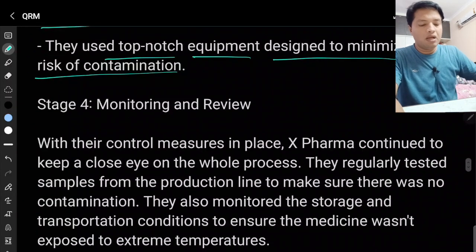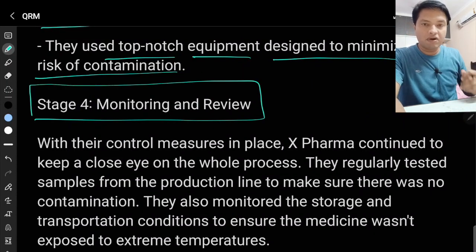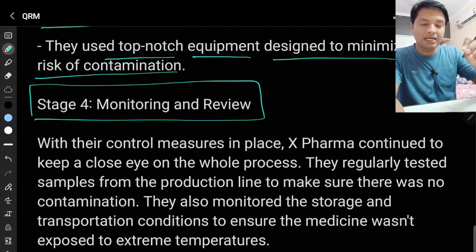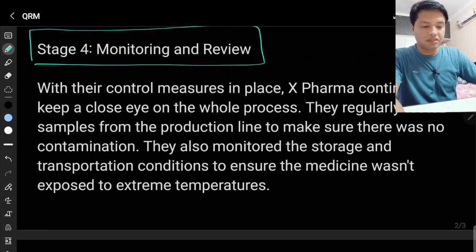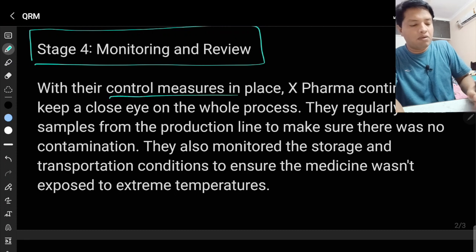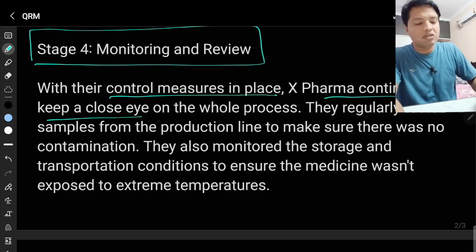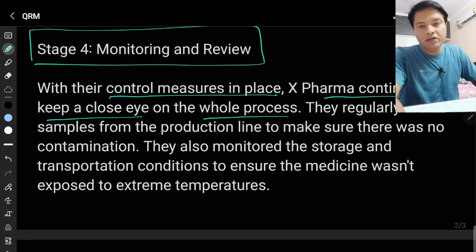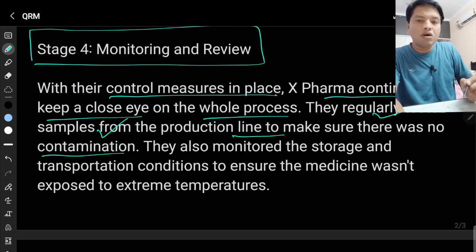Next, after controlling, you need to monitor the steps you have taken for control, whether those steps are going to act as intended or not, we don't know. We need to monitor the control steps. So the fourth stage is monitoring and review. With control measures in place, X Pharma continues to keep a close eye on the whole process. They regularly tested samples from the production line to make sure there was no contamination.